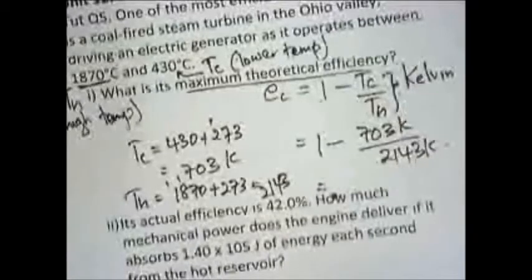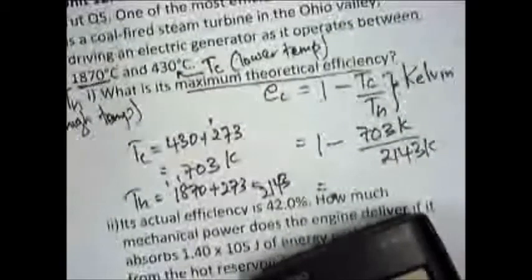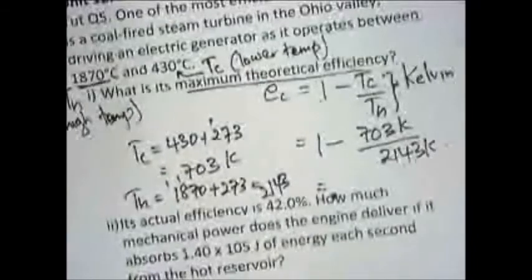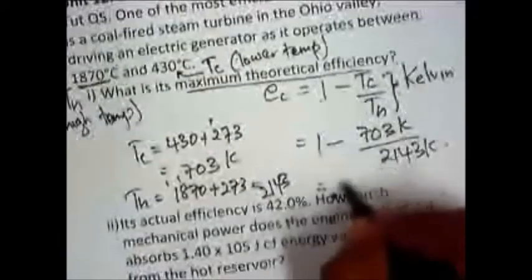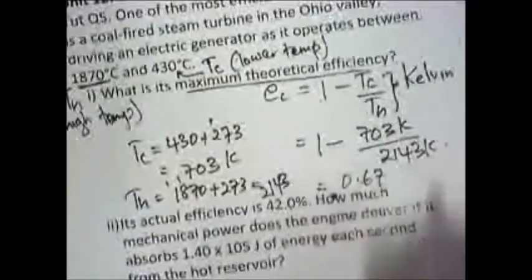Okay. So if you do that, 703 divided by 2143, okay, you get about 0.67.